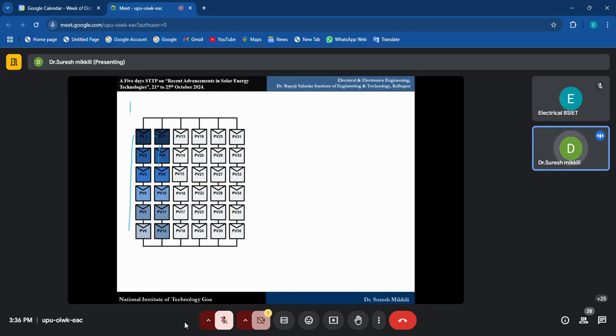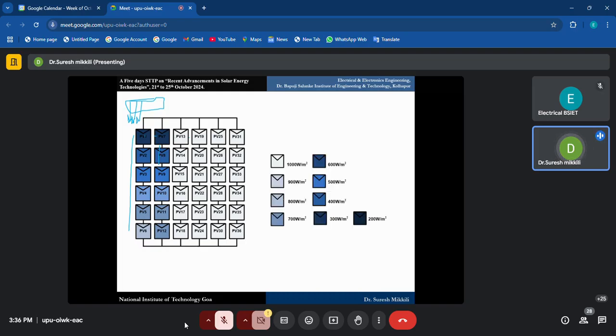Now what happened? Suppose you have a building like this. One wall is here. Suppose up to this particular point, there is some wall or some shading. As I said, with no shading there is 1000 watt per meter square.